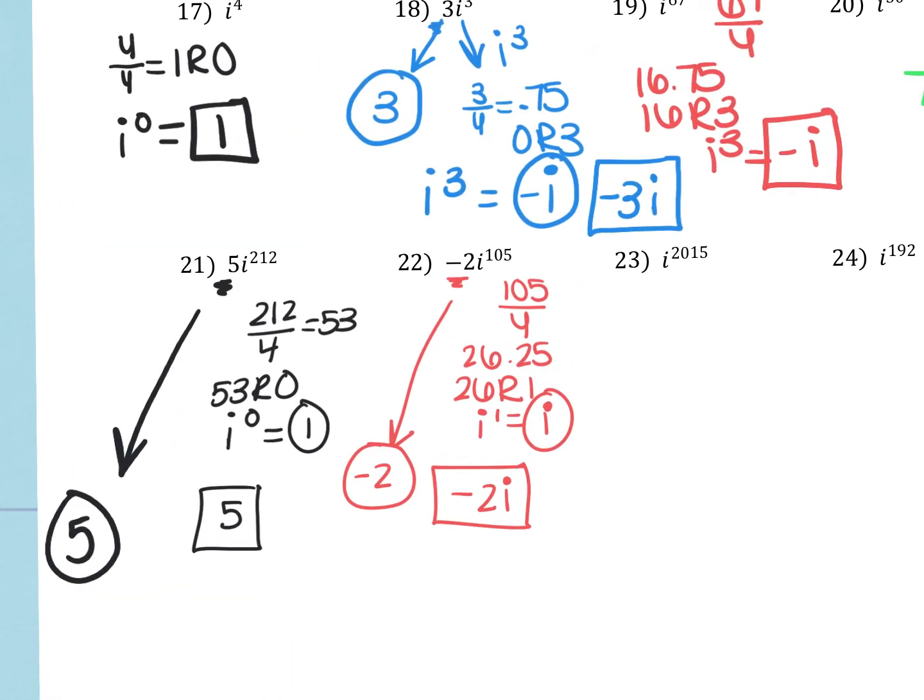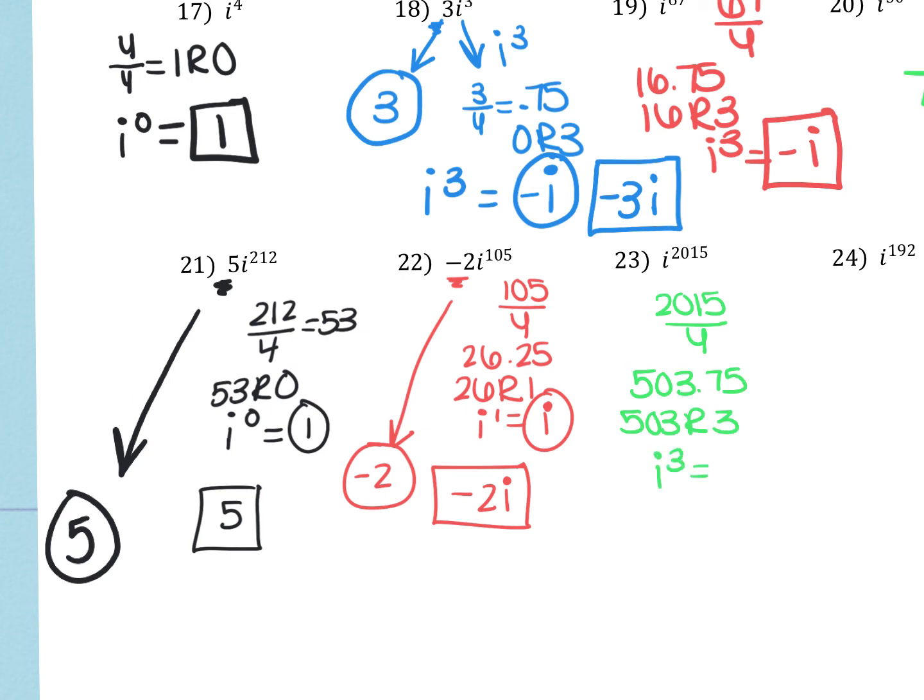Next, number 23. Don't have anything in front, so we just have to take our exponent of 2015 and divide it by 4. We get 503.75. So that means it goes in 503 times with a remainder of 3.